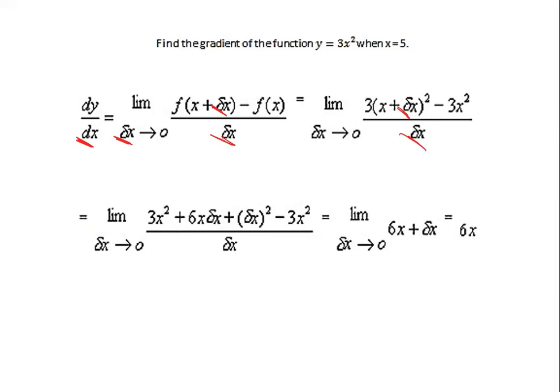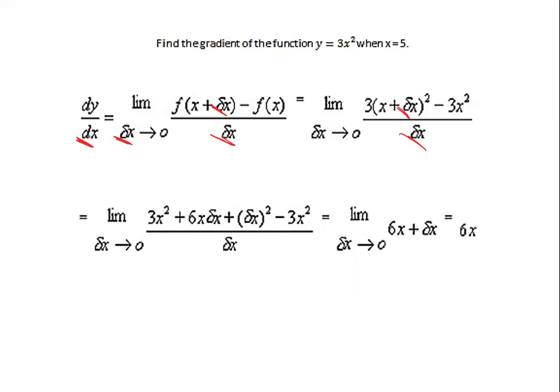So again, we simplify using our algebra. We take that, we expand it out, we get this. And when we simplify all of that, we get 6x plus delta x. Right? And as delta x tends to 0, it's all going to be equal to 6x.